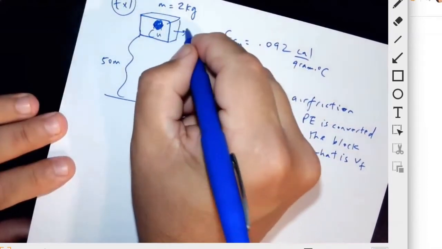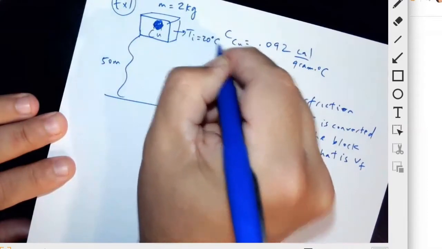So let's say the initial temperature of the block is 20 Celsius.